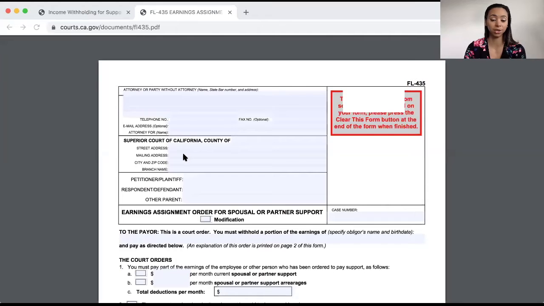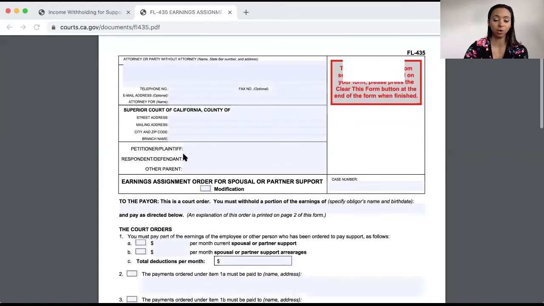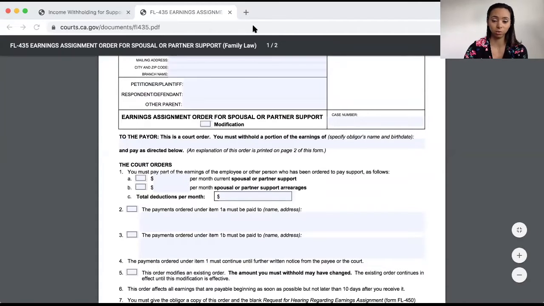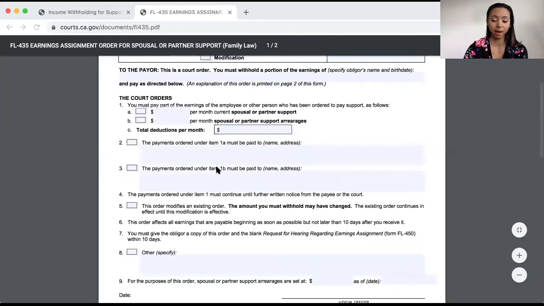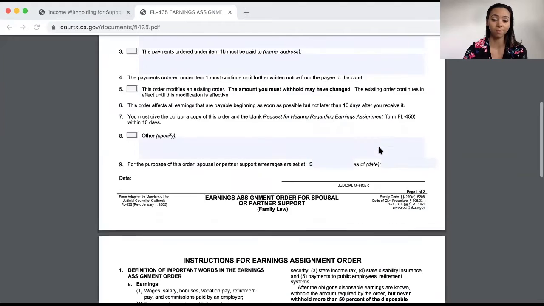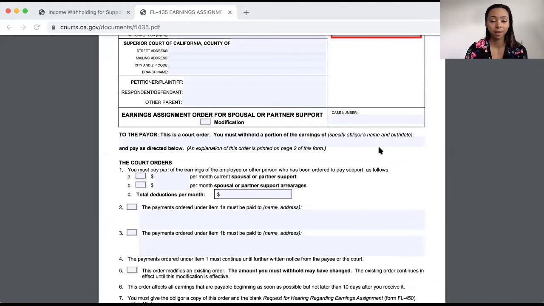So this is the earning assignment order for support or partner support. It shows you exactly what you need to complete in order for the court to sign it, and the judge's signature will go right on here. It's always smart to have this form at your spouse support hearing.